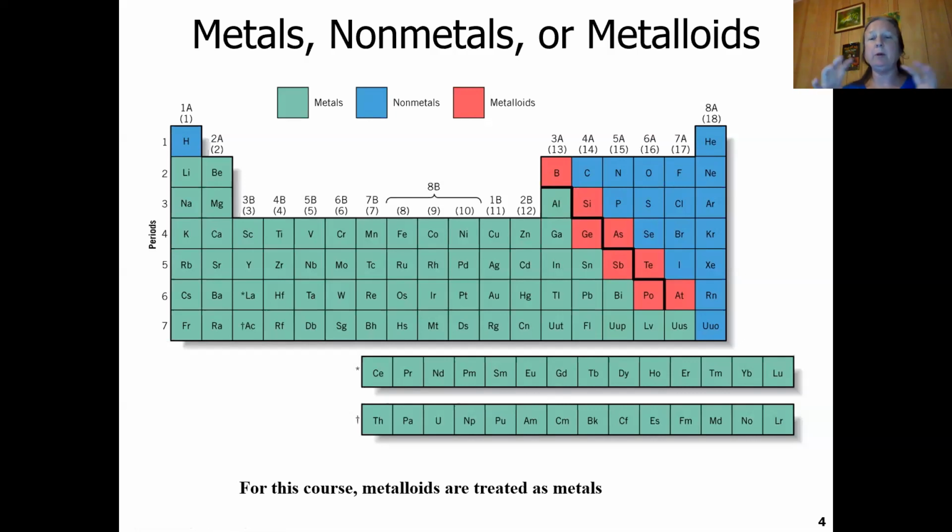Every time you add a period, you add another shell of electrons. And so it's getting bigger and bigger. You get down to iodine is quite large. Fluorine is tiny. So because it has that many more shells or orbits full of electrons.